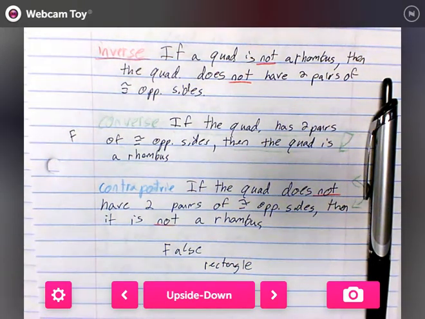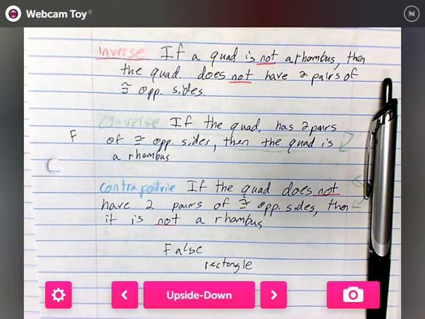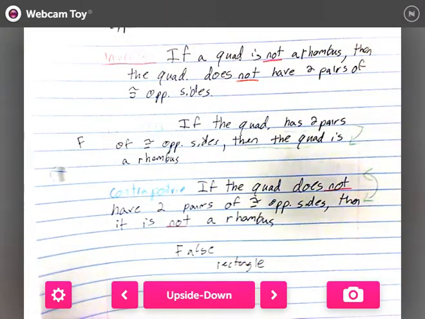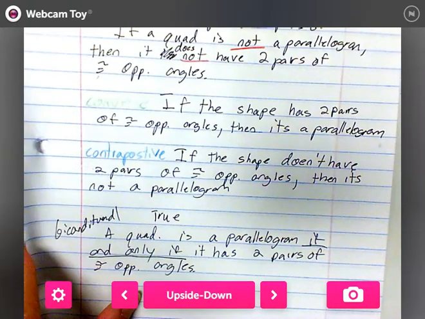Next one. I'll show you the information. Okay. Number 2.